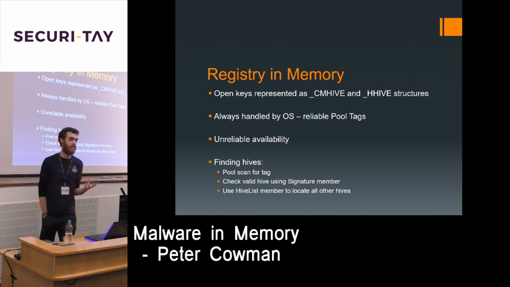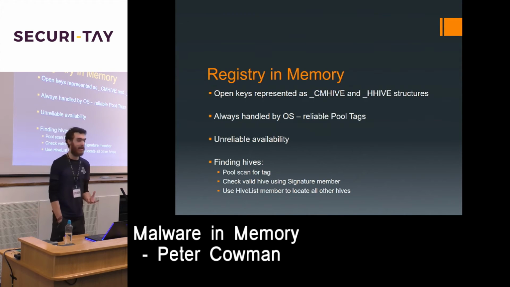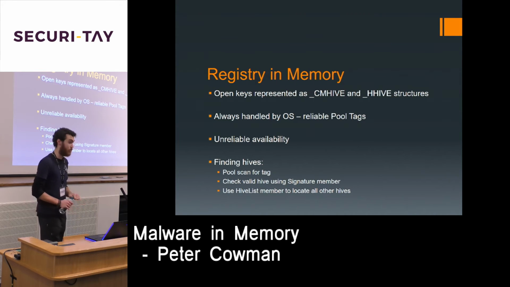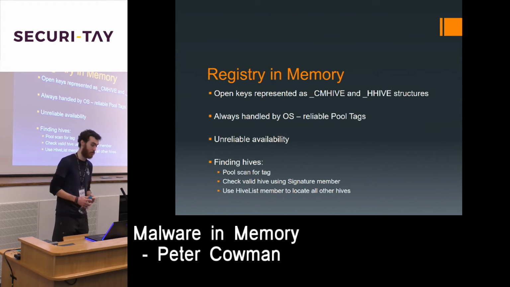If you write a driver that opens a registry key, you make a request to the OS to open the key, and it will be opened within the kernel space, and you will have a reference to it if you're in user mode, and so on. So it's always handled by the same memory management object component in the Windows kernel. So you've got reliable pool tags. You're not relying on a third-party developer to have actually used the correct 4-byte tag when they're writing these things.